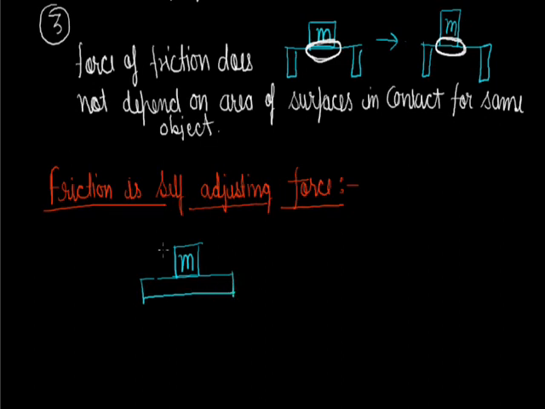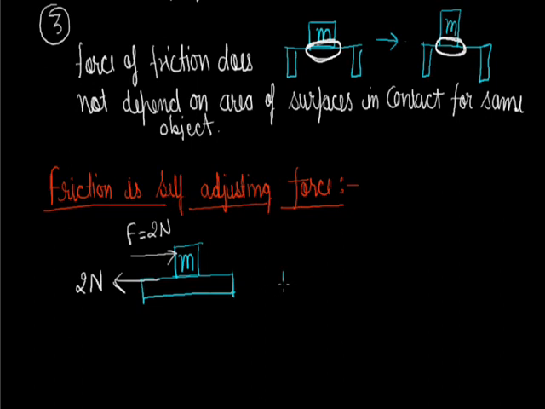When we apply a force, suppose F equals 2 Newton on this block, we observe that the block remains at rest. It means that the applied force on the block has been exactly balanced by the force of friction. So here the force of friction will also be equal to 2 Newton in the direction opposite to the applied force.